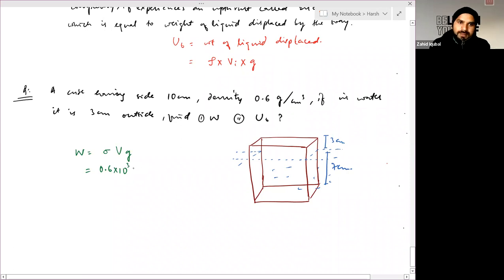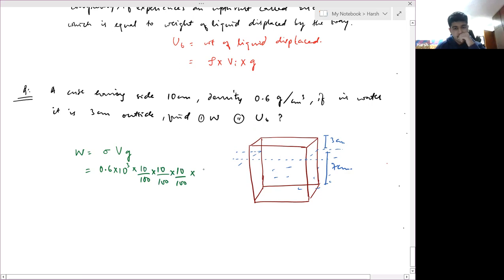Since the object is a cube, its volume is length times breadth times height. Gravity is 10. Counting zeros in numerator and denominator, we have 7 zeros in the numerator and 6 in the denominator, so you're left with 10 to the power 1 and 0.6. On multiplying, you will get 6 Newton.